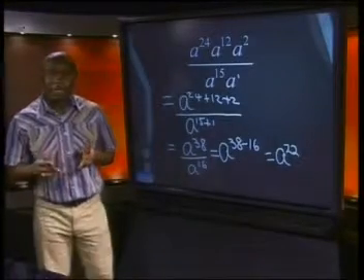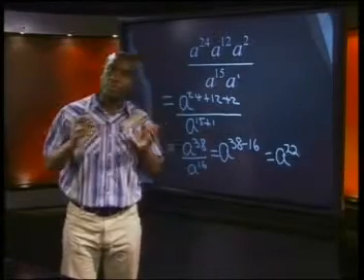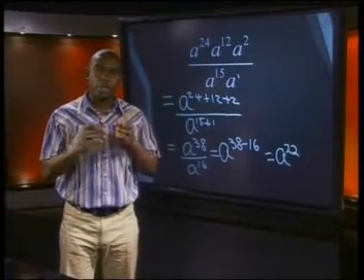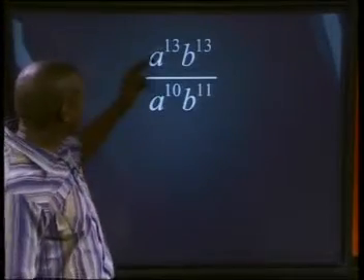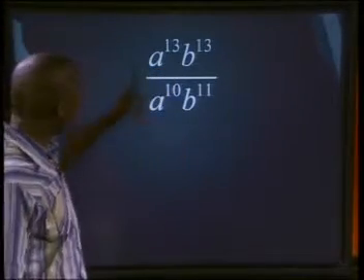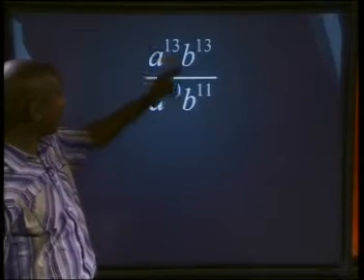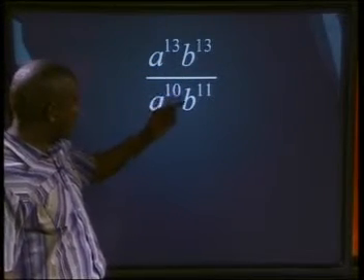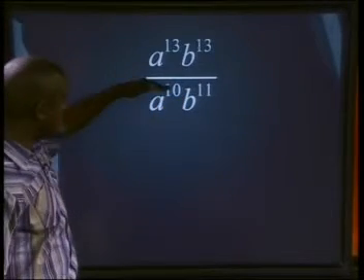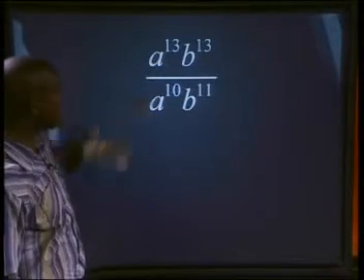Good. The laws make it easy for us to simplify expressions containing powers. Can you simplify this one? We have a power of a and a power of b. We have a to the power of 13, b to the power of 13, divided by a to the power of 10, and b to the power of 11. Since this is division, that means we can subtract our exponents.